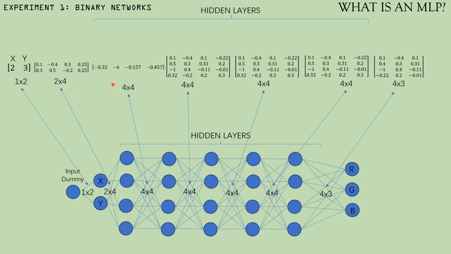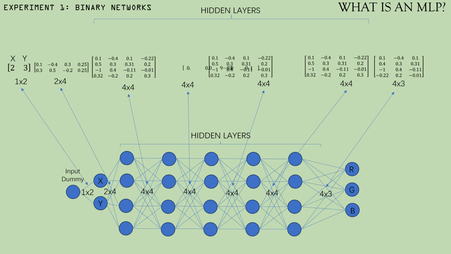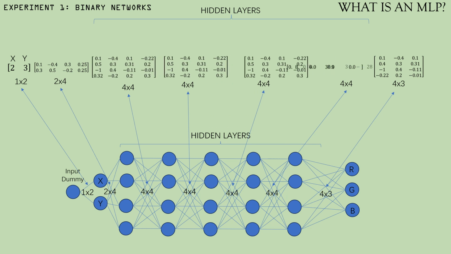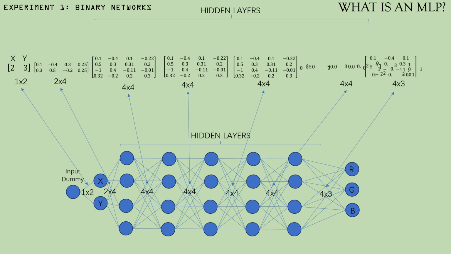And now these stand for the values for this one. And then we do it until we reach the end of the network. You can really see how the values propagate throughout the neural network here. And then finally we got a 3 by 1, which just clearly stands for the RGB value.